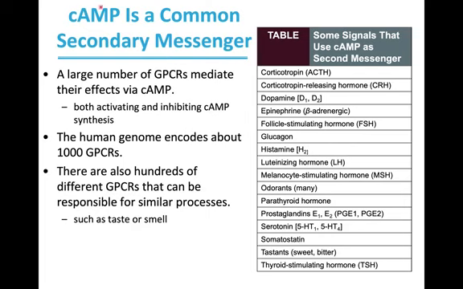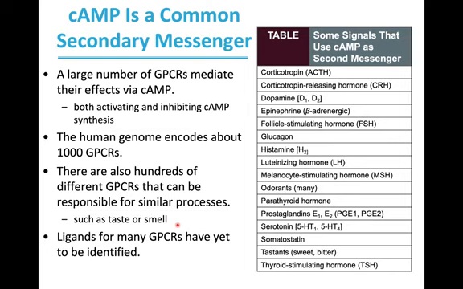As a result of increased cAMP, PKA then phosphorylates and activates several of the enzymes required for the synthesis of cortisol. Cortisol and other steroid hormones are essential hormones in our body. Now, these are some of the examples. There are many different ligands that have yet to be identified for many G protein coupled receptors.